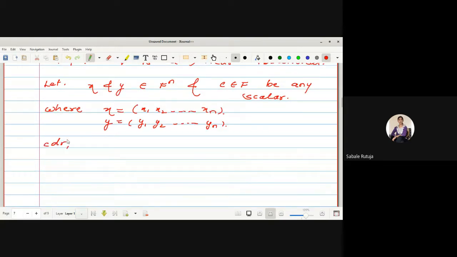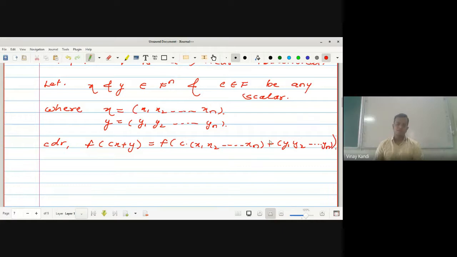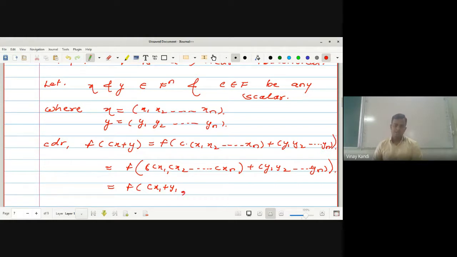Now consider f of cx plus y, which is f of c times x1, x2, up to xn plus y1, y2, up to yn, which is f of cx1, cx2, up to cxn plus y1, y2, up to yn, which is f of cx1 plus y1, by coordinate-wise addition, cx2 plus y2, up to cxn plus yn. Is it correct? Yes, sir.